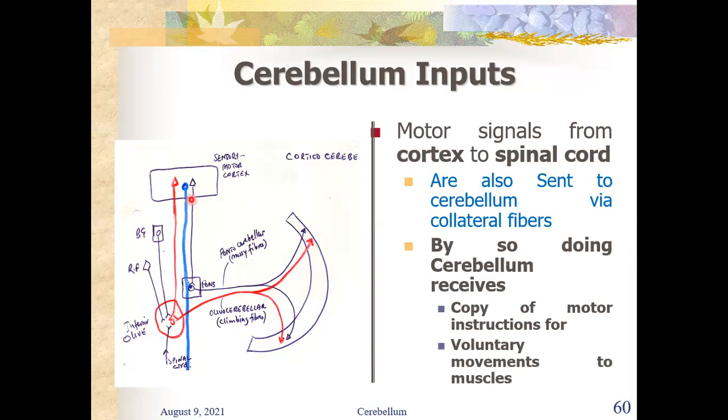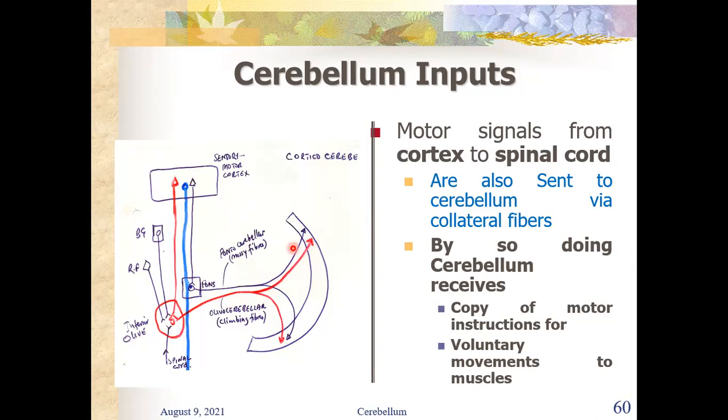So we also have information coming down from the cortex being sent to the cerebral hemispheres or the cerebrocerebellum. As motor information is descending by the descending tracts to the spinal cord, they also branch, or collaterals are given off to the cerebrocerebellum.